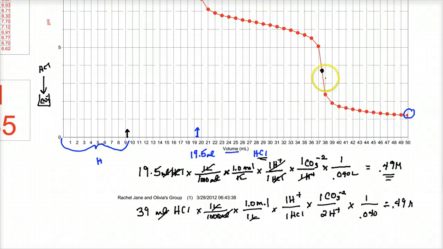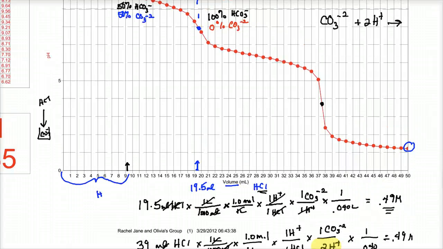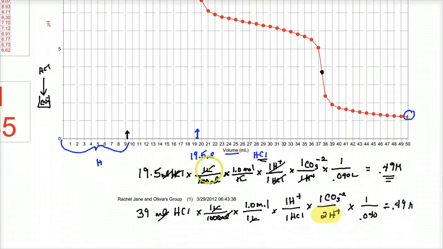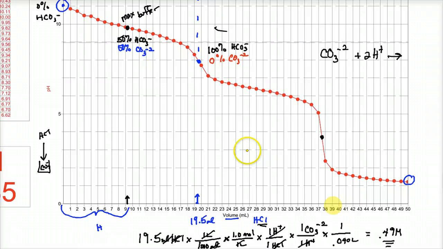So if I'm going to use the second equivalence point, it's double the volume, double the moles, but then I'm dividing by 2 here. Now, if you notice something, we should be at 39 for the second equivalence point, because those values in between stay pretty constant.